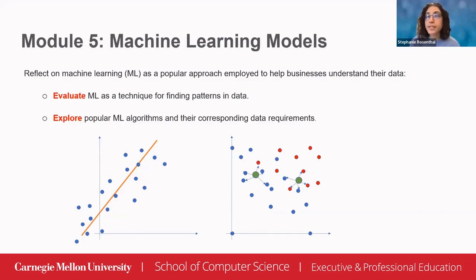So the different ways to think about finding patterns in data. And those different techniques find those patterns in different ways. And so each one has benefits and costs associated with them. So we talk about when you would use them and when you might not use them.